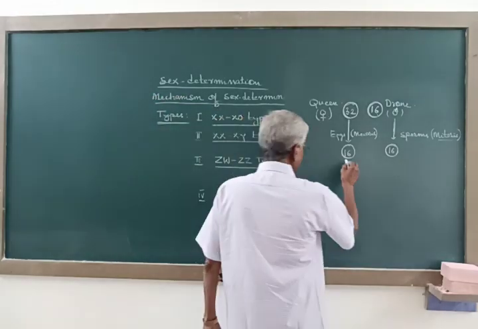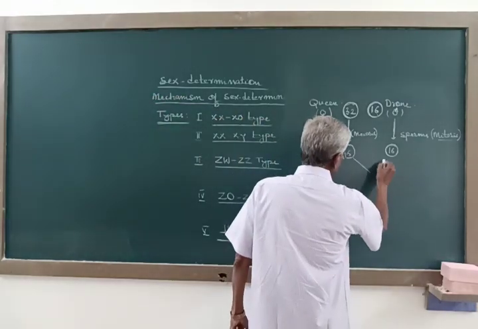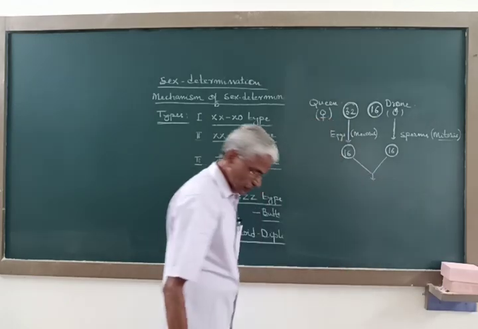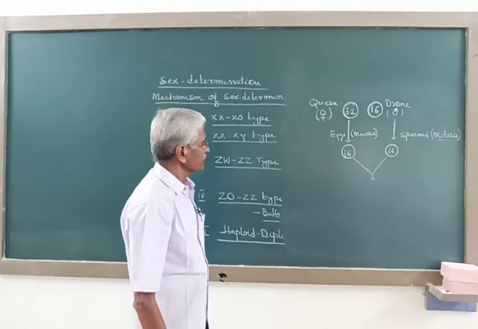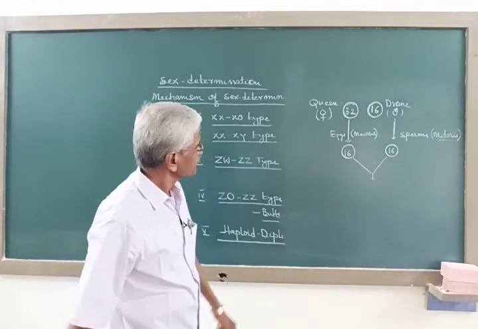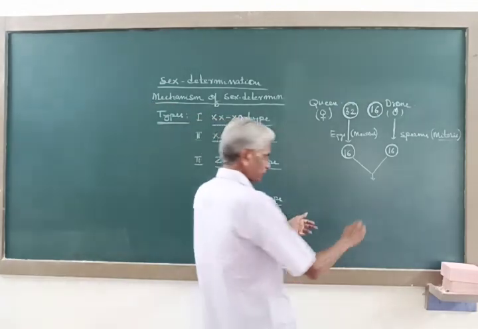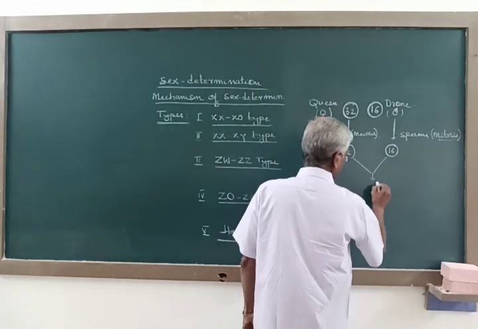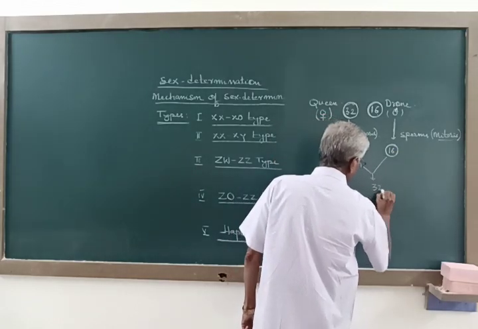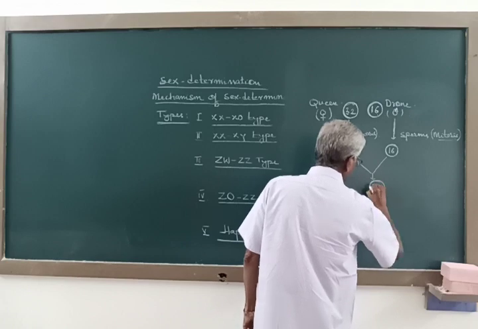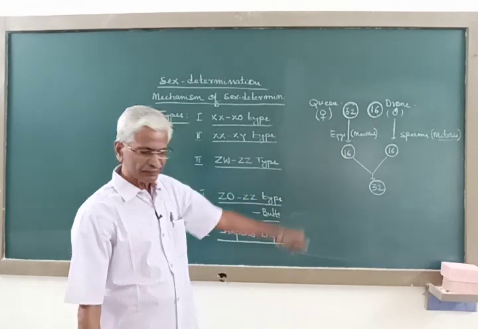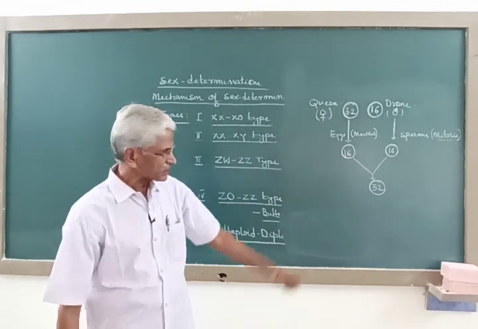Now, when the egg is fertilized by the sperm by the normal process of fertilization, the zygote will get 16 chromosomes from the egg and 16 from the sperm. The total will be 32, so the diploid number of chromosomes appears in the zygote.